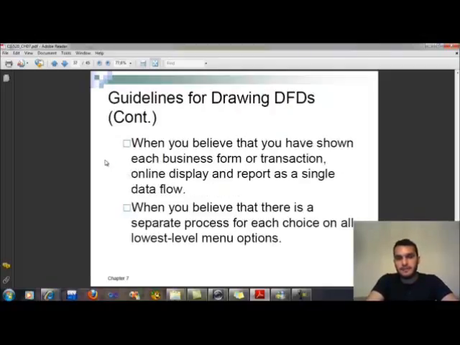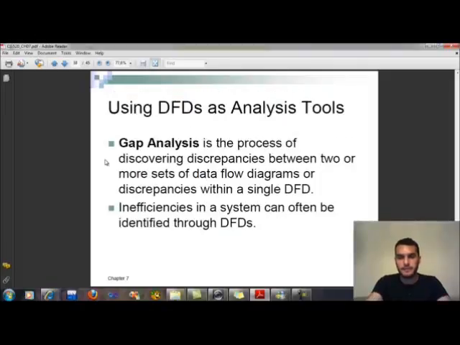And when you believe that you have shown each business form or transaction, online display and report as a single data flow. And when you believe that there is a separate process for each choice on all lowest level menu options.